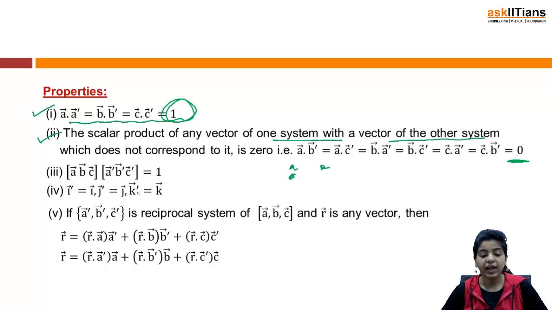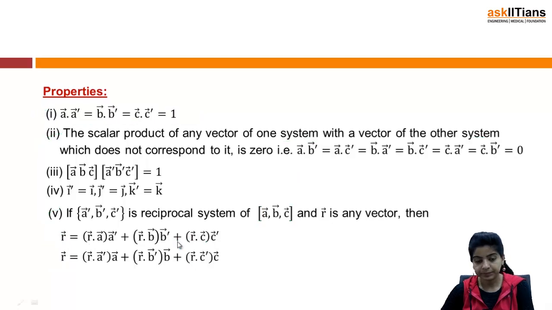I' is I, J' is J, K' is K. Then if A', B', C' is the reciprocal system of A, B, C, and R is any vector, then R can be written as (R dot A') A plus (R dot B') B plus (R dot C') C. Or you can write it the other way, R as (R dot A) A' plus (R dot B) B' plus (R dot C) C'.